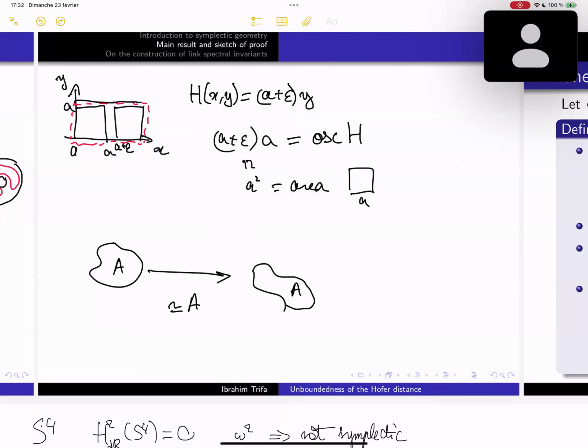I take a small neighborhood of this first circle, another neighborhood of the second one, and I join them with a small tube.